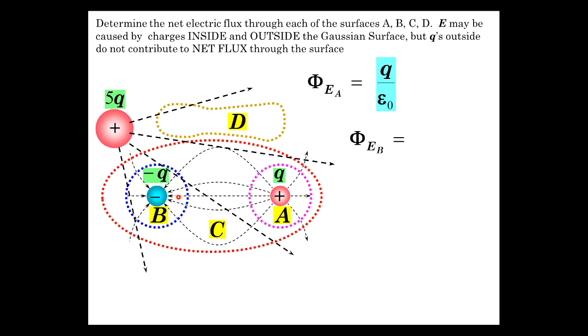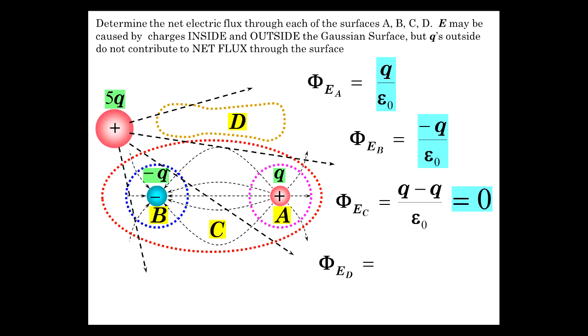Through B, the charge enclosed is negative Q. So it's negative Q over epsilon 0. The flux through surface C is the charge enclosed over epsilon 0. Q minus Q, that's it. So that's 0. And finally, the flux through surface D. Well, it's not enclosing any charge, so it's 0.